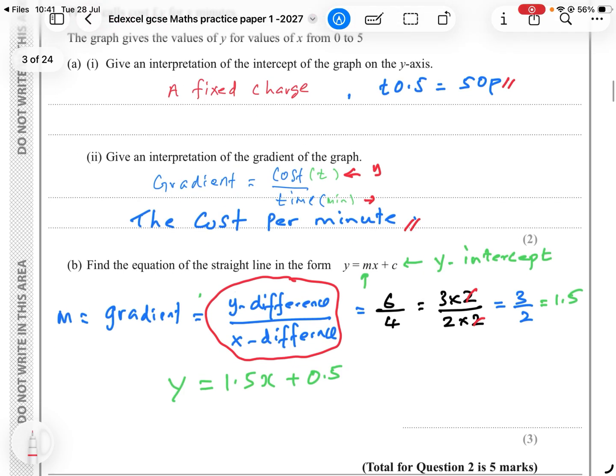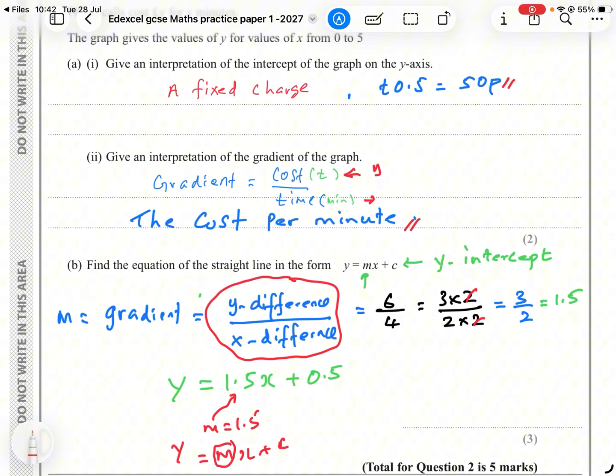Next question. Find the equation of the straight line in the form y equals mx plus c, where m is the gradient and c is the y-intercept. The gradient is 1.5, so you can substitute m with 1.5. In y equals mx plus c, m is just in front of the x, that is the gradient.